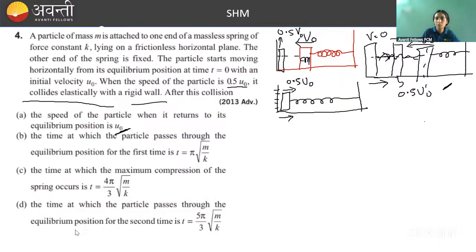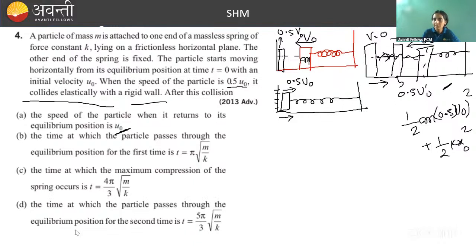देखो, जस्ट बिफोर द कोलिजन एनर्जी ऑफ बॉल वाज हाउ मच? हाफ m, 0.5 u naught का स्क्वायर, राइट? एंड व्हाट वाज द पोटेंशियल एनर्जी? हाफ k x स्क्वायर, और वट एवर वॉज द एक्सटेंशन, x naught ले लो. ठीक है. आफ्टर कोलिजन व्हाट इज द काइनेटिक एनर्जी? अगर आप लिखो तो हाफ m 0.5 u naught का स्क्वायर प्लस हाफ k x naught का स्क्वायर, right?